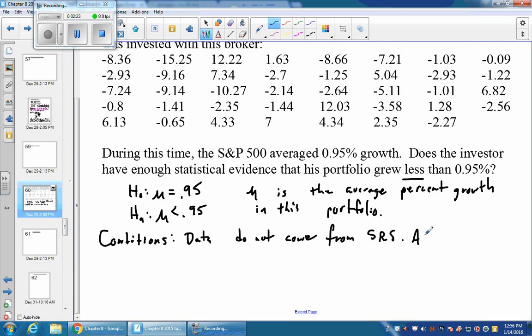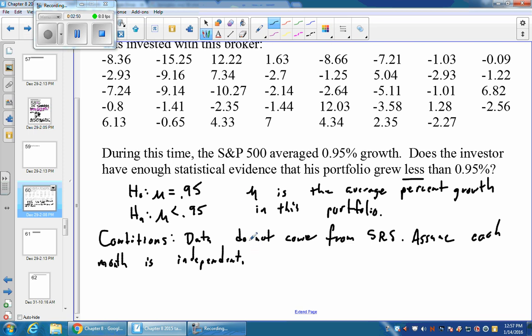So in order to do this, we have to assume each month is independent, or it's going to throw off our values. We don't have any good evidence of independence, and it doesn't really make sense to check whether 10 is greater than or less than 10 times little n here.